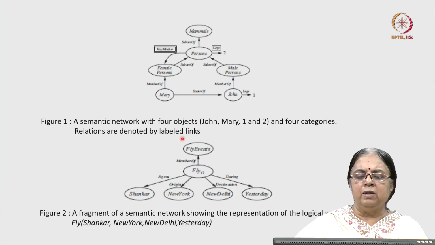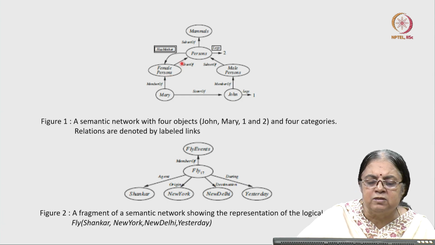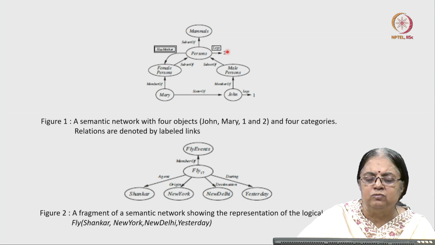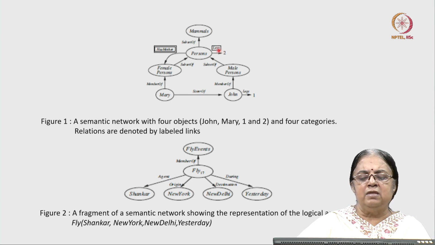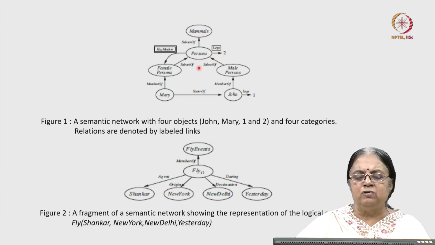Mary belongs to female persons and person, and here you have legs as 2. So, you can say that Mary inherits the property that all persons have legs equal to 2.